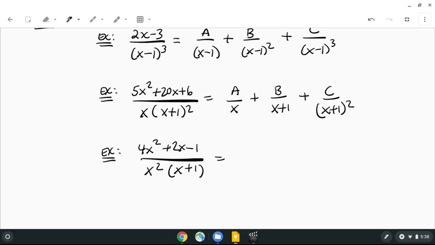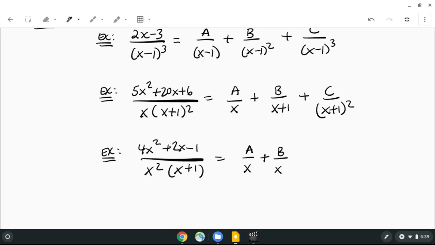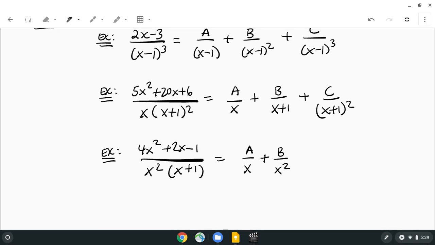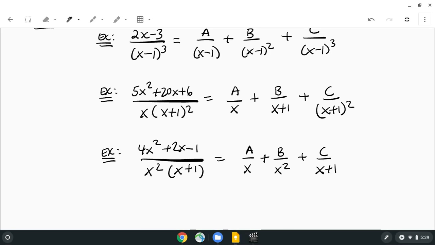So very similar to the one just before this, you have one factor that repeats, and you have one factor that does not repeat. So let's start with that x squared. You're going to have one for x to the first, and then one for x squared. And then the other factor, x plus 1, we'll need a fraction for that one.